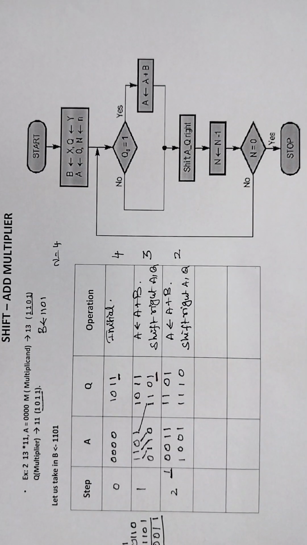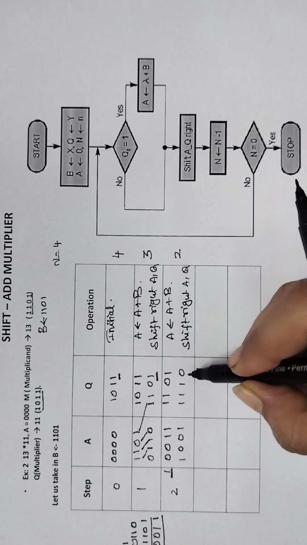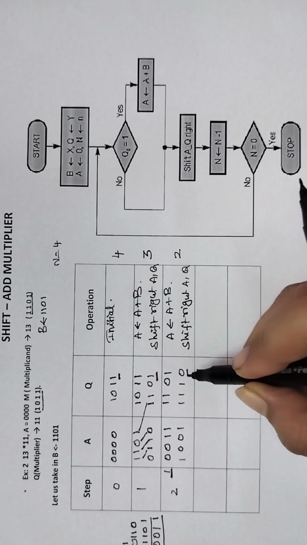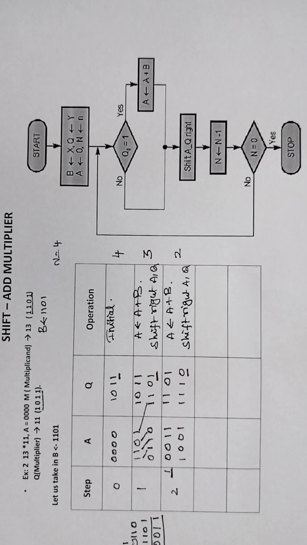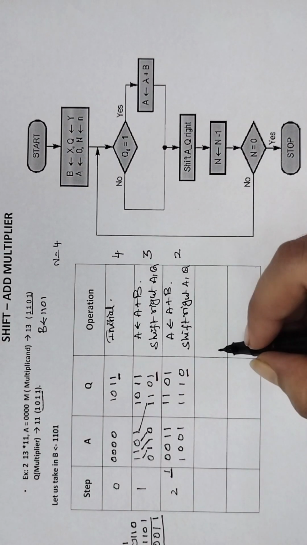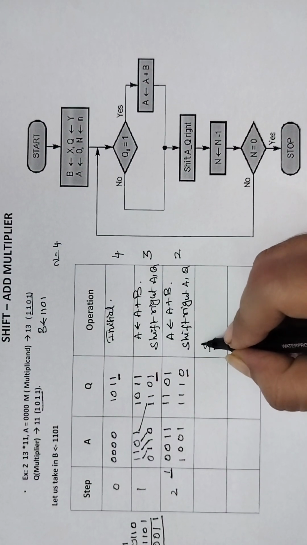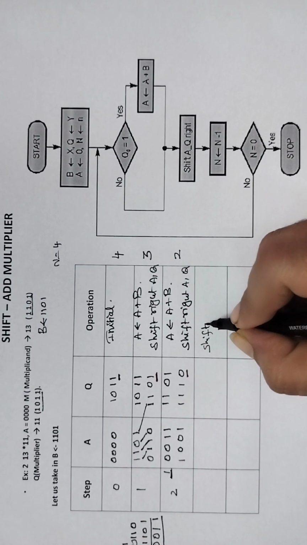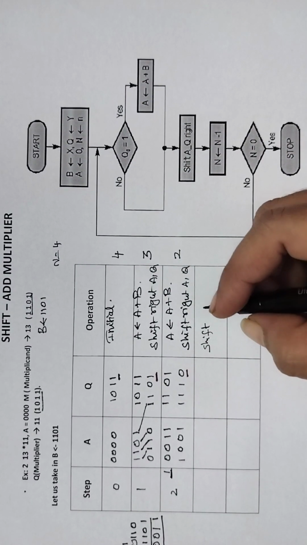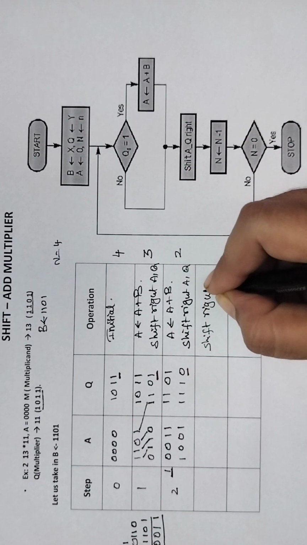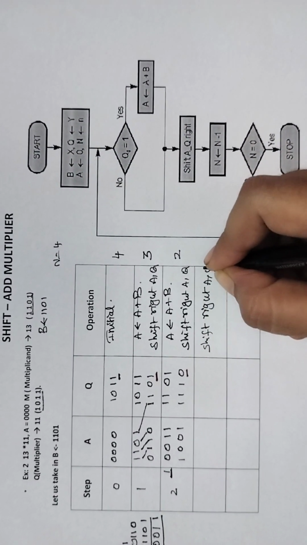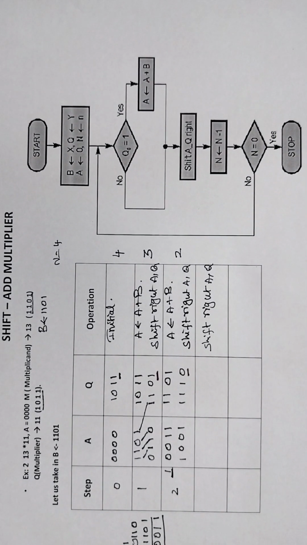What is the process? Again we have to check the Q0 bit. What is the Q0 bit? The Q0 bit is 0. If it is 0, then we have to perform only the shift operation. Shift right of A and Q. So what do we get after the shift right?